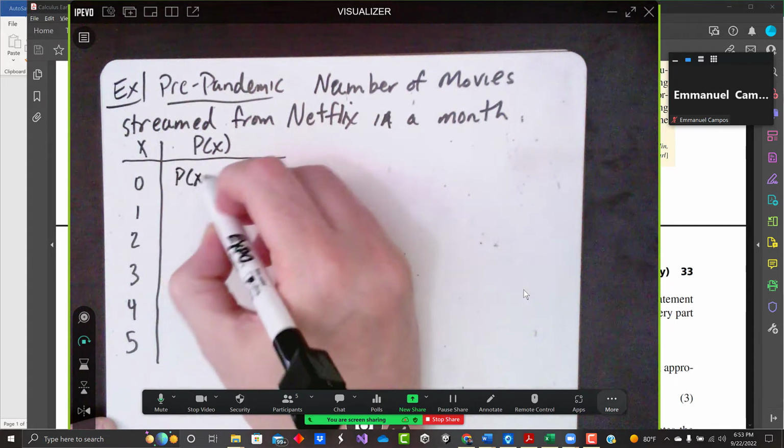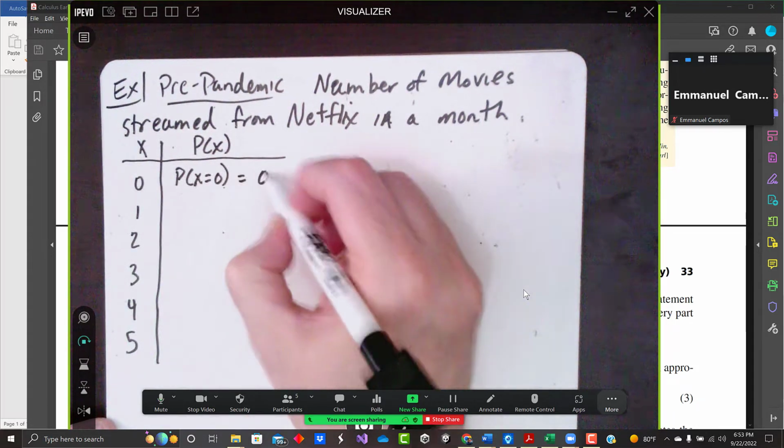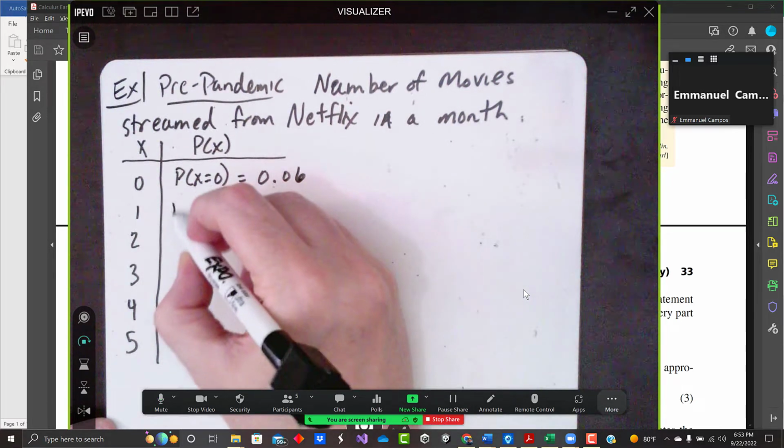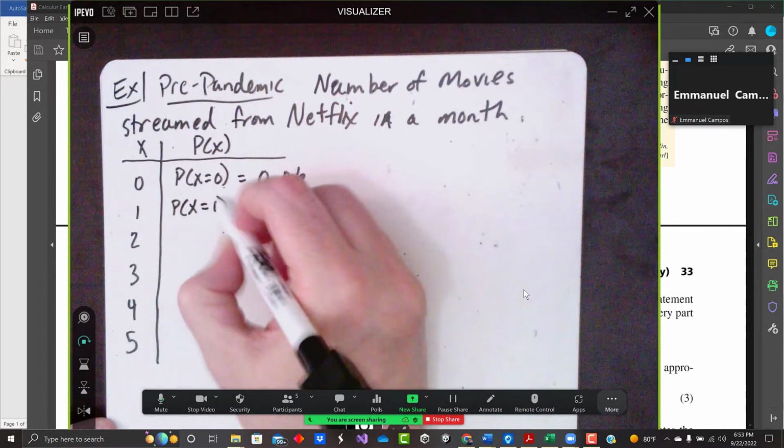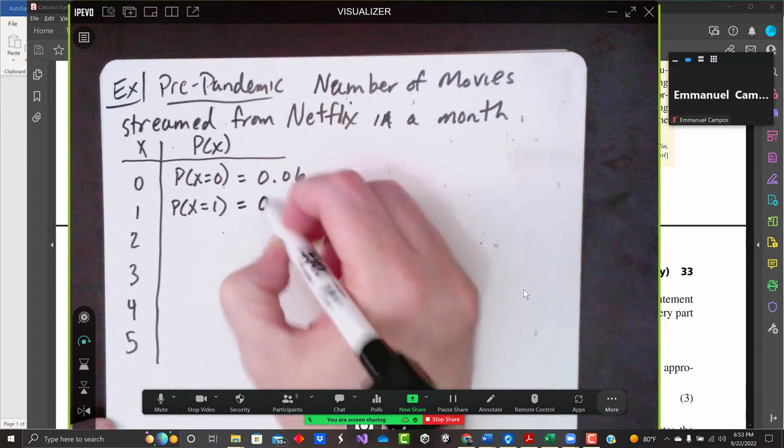Probability that x equals 0 is 0.06. Probability that x equals 1 is 0.58.